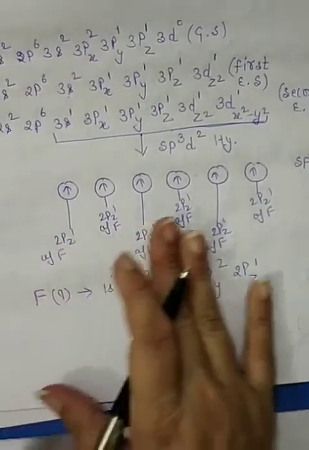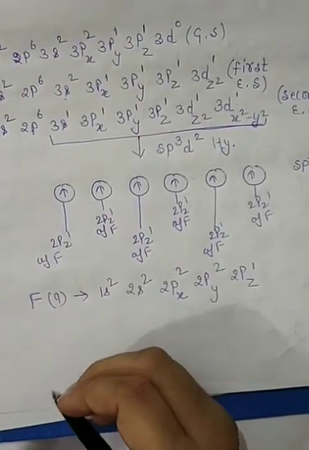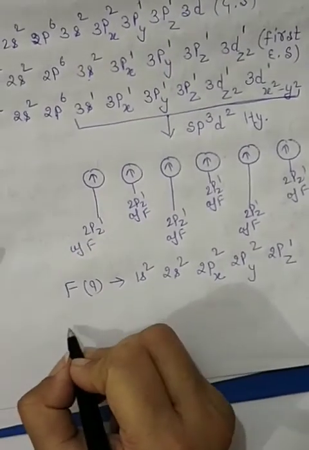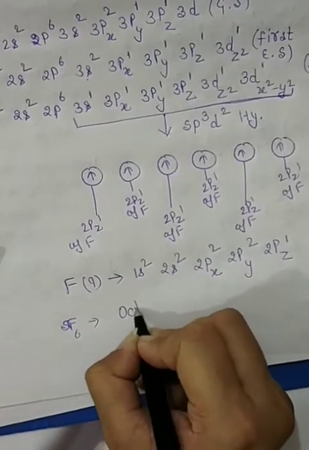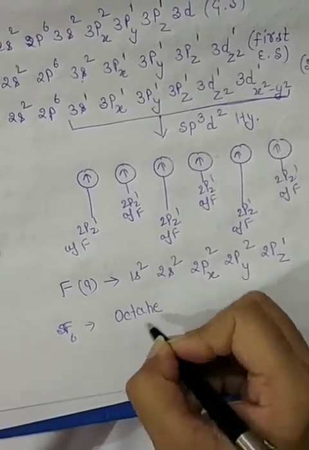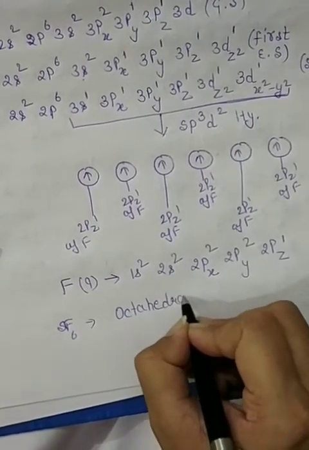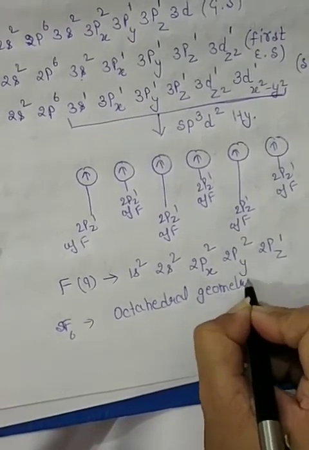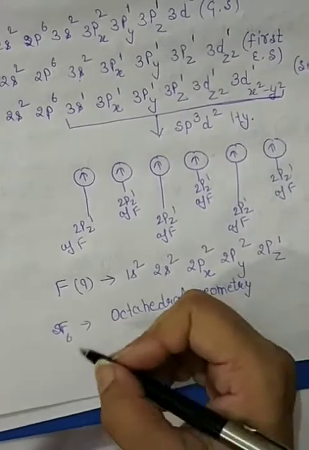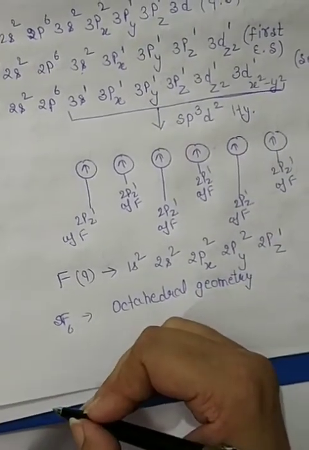So this is the overlapping which gives SF6 octahedral geometry. Octahedral geometry.